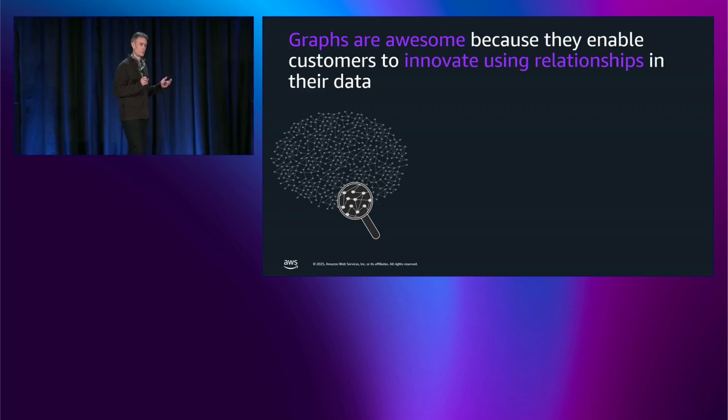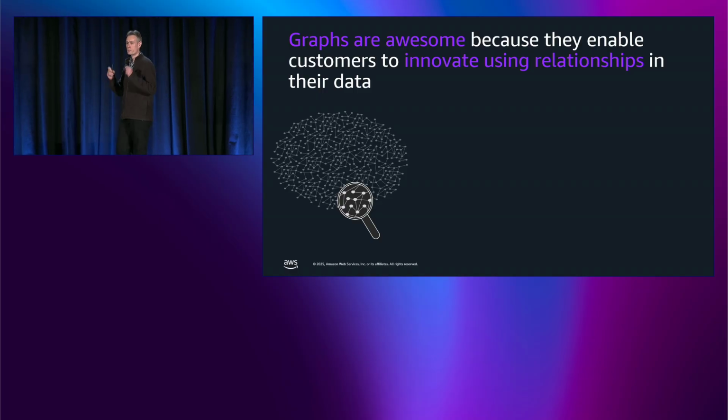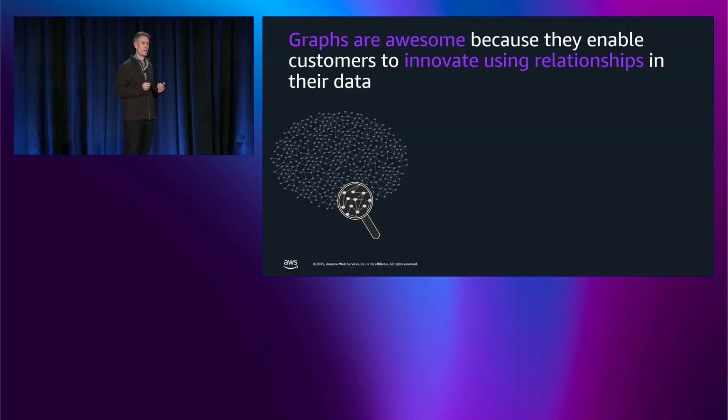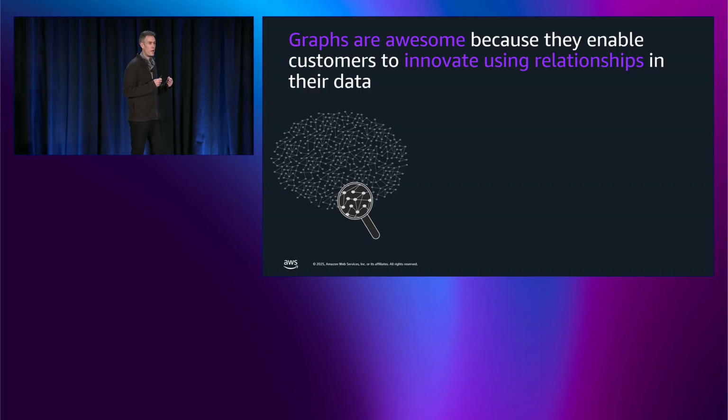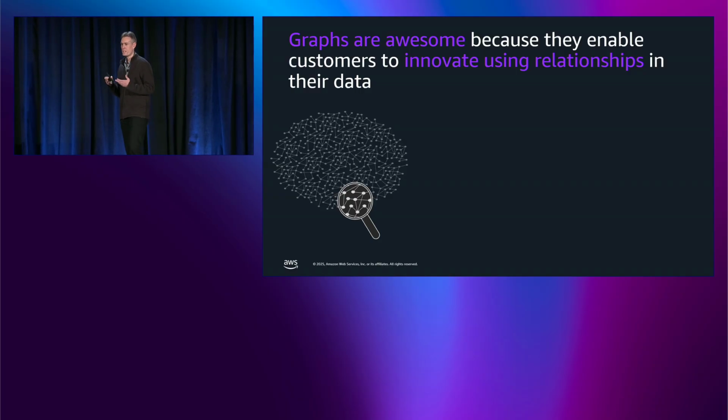Graphs are awesome. And the reason that they're awesome is because they allow you to use the relationships in your data to be able to solve problems and ask questions. In a graph data model, relationships themselves are first-class entities.